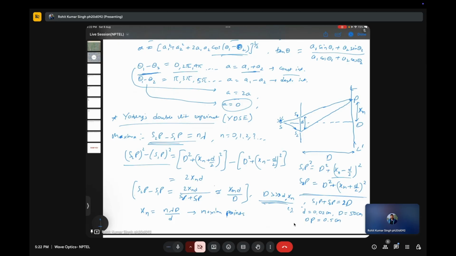This kind of numbers is easily achievable in experiments, and this will satisfy this criteria, right? So we are talking about these kinds of numbers. That's why you have to keep the screen far away from the slits to observe this interference. The interference pattern will always be there, but in order to observe them at these points exactly.